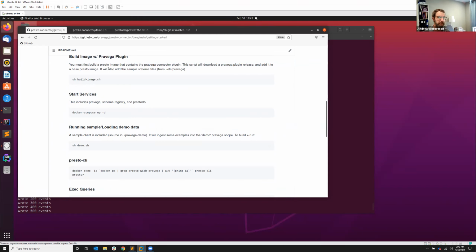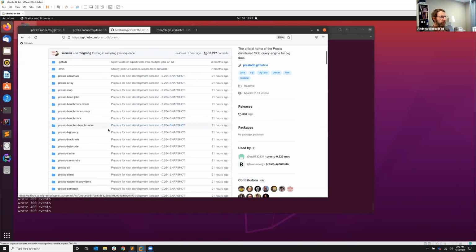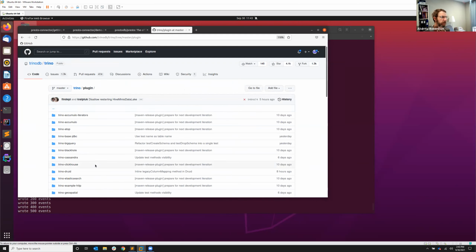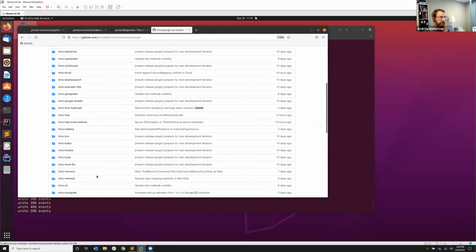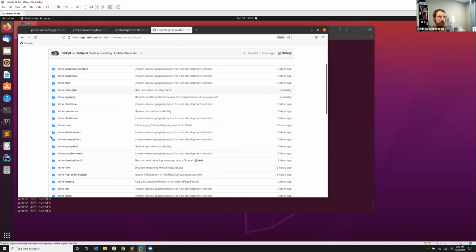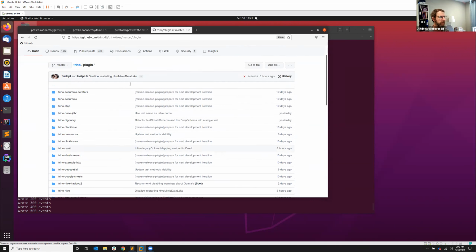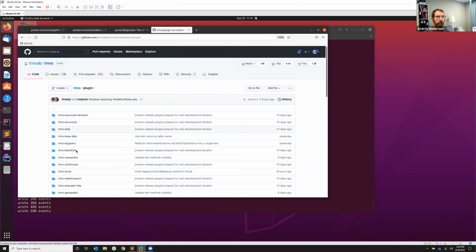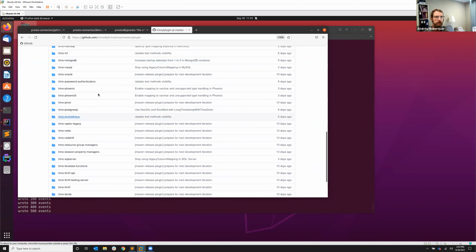The first one is we actually have to build an image with our plugin in it. If you look at the Presto, DB, and Trino code bases, basically all their connectors are in the respective mainline repositories, right? So when they build an image, all the code's there.